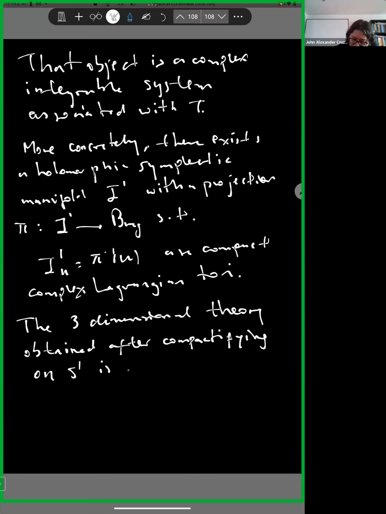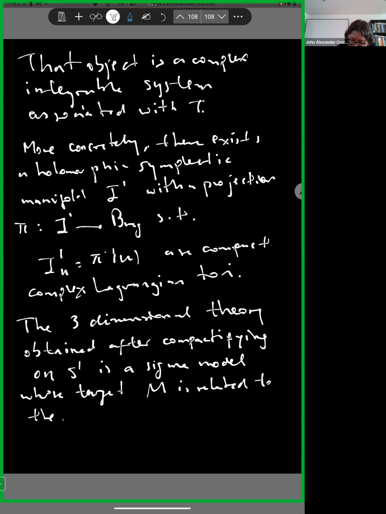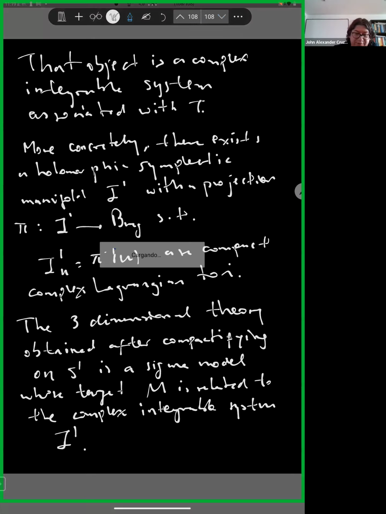It's a sigma model whose target M is related to the complex integrable system I. How does this relation work?